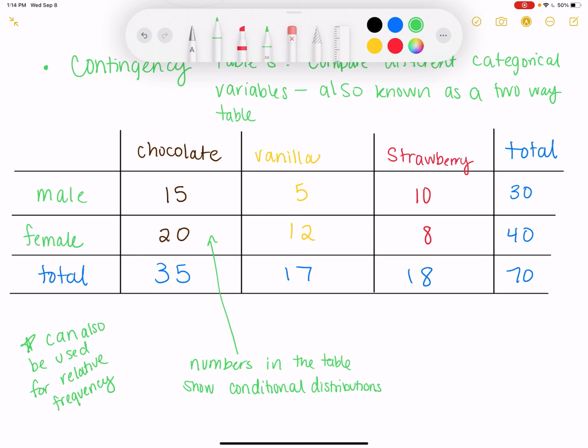And then I'm going to draw kind of a funny looking arrow here, but you'll see why I'm doing it in a second.